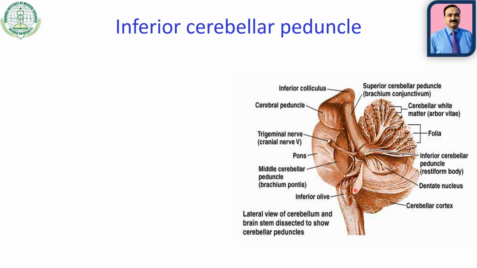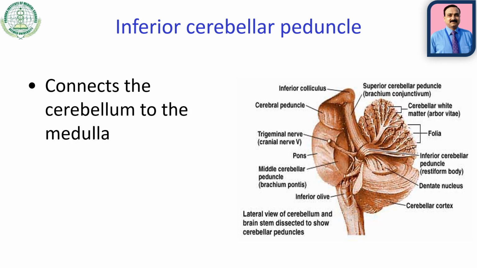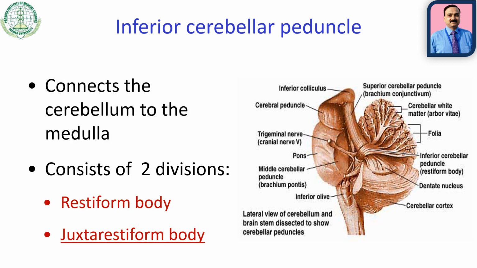It passes between the middle and superior cerebellar peduncles and enters the cerebellum. It consists of two divisions. One is called the restiform body and the other is called the juxta-restiform body.